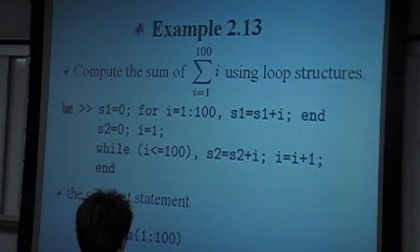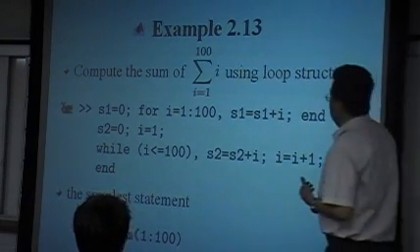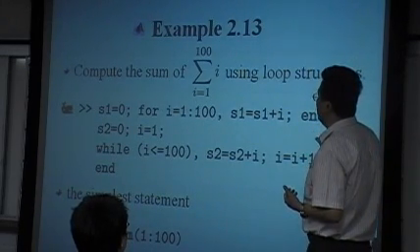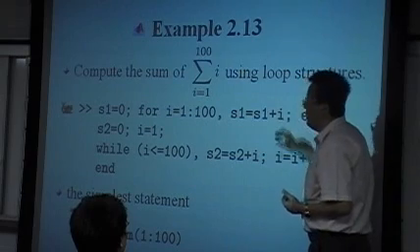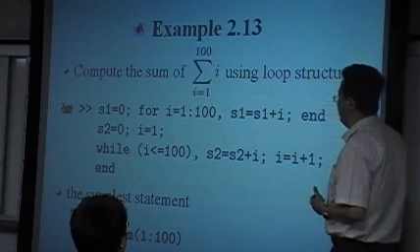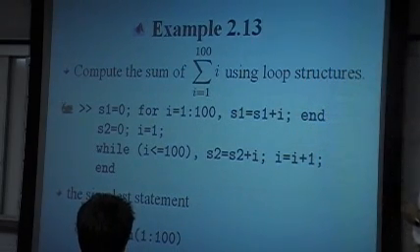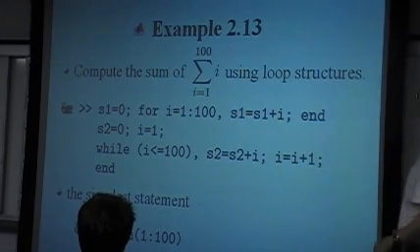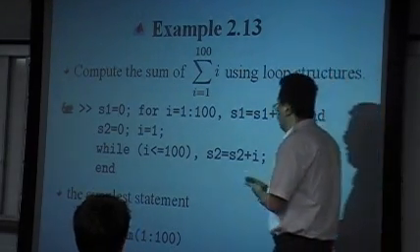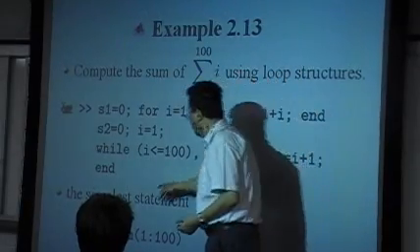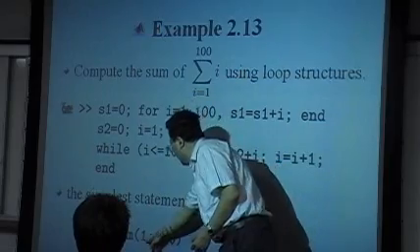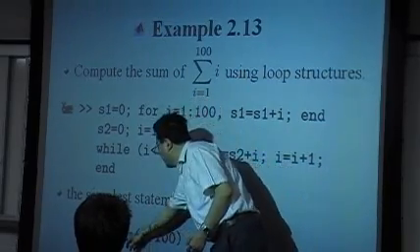I'm not demonstrating any longer. So compare the two ways of performing the loop structure. We can see that the for loop is much simpler than the other one. And I used this example to show the loop structure in Matlab. In fact, if you are using Matlab, the simplest way is to form a vector 1 up to 100 and use the sum function to add them up.